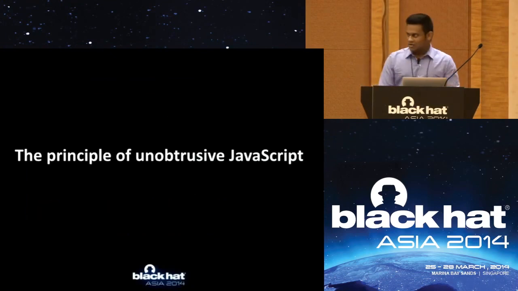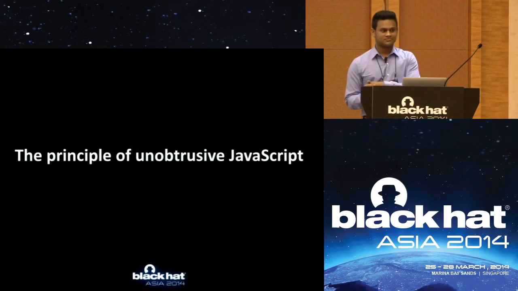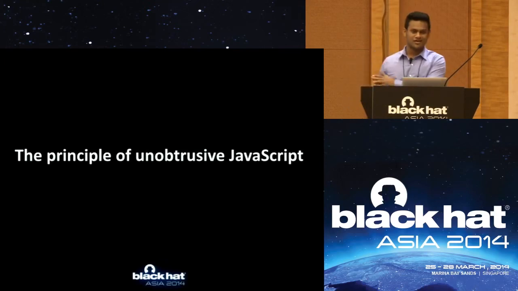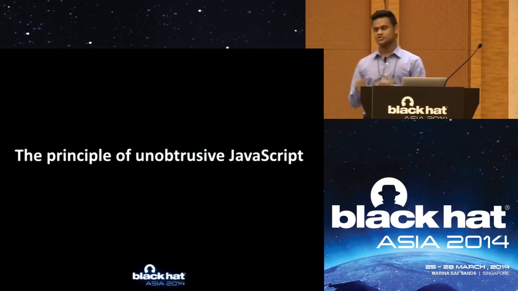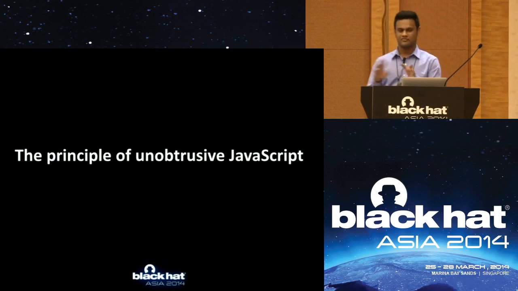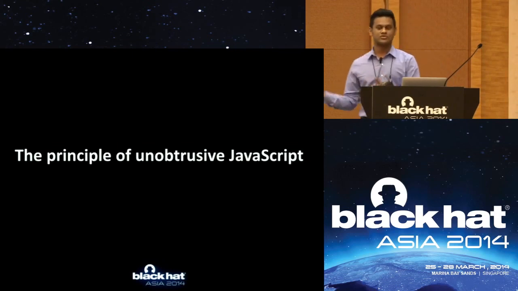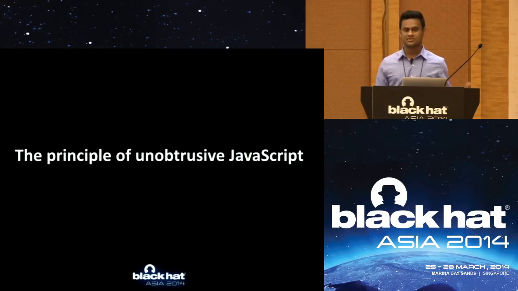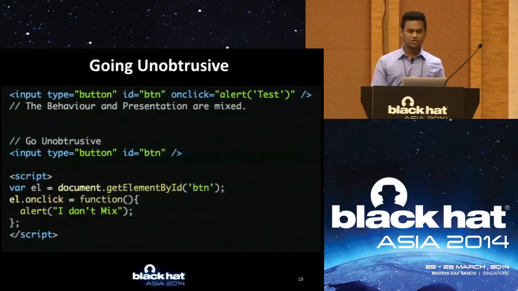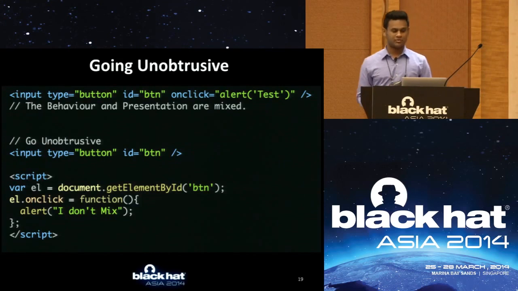So with that being said, let's shift gear again, and we'll just merge these three things and come to where we want to. The principle of unobtrusive JavaScript. It's a pretty fancy name, but most of you will already be using this pattern. It's a design pattern on the client side, where you don't want to mix your design and your behavior, right?